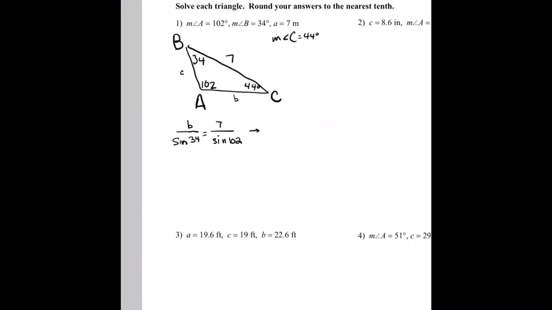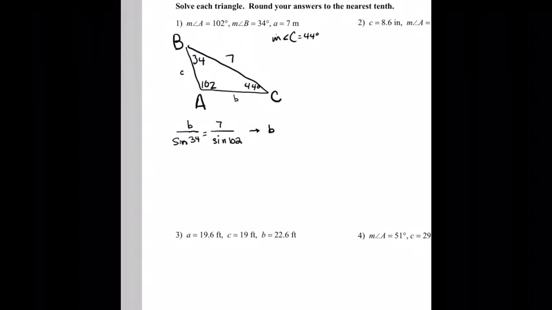So getting B by itself, we'd have to multiply both sides of the equation by sine 34. So B is equal to 7 times the sine of 34 divided by the sine of 102.